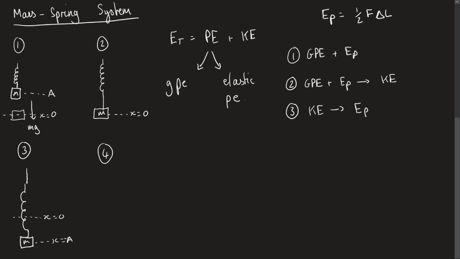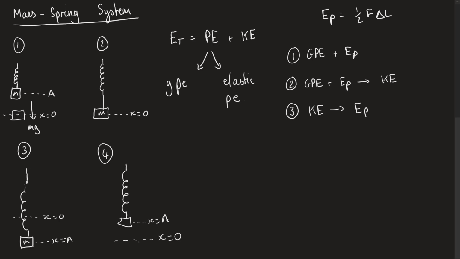And then the last thing to do is to say what happens when it comes back up to the top. So I'm going to go straight for the top here and say this is x equals a, and let x equals 0 be here.